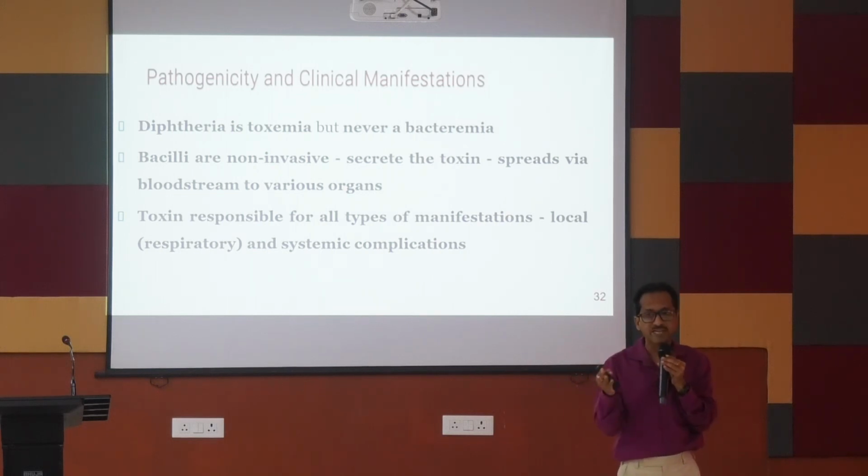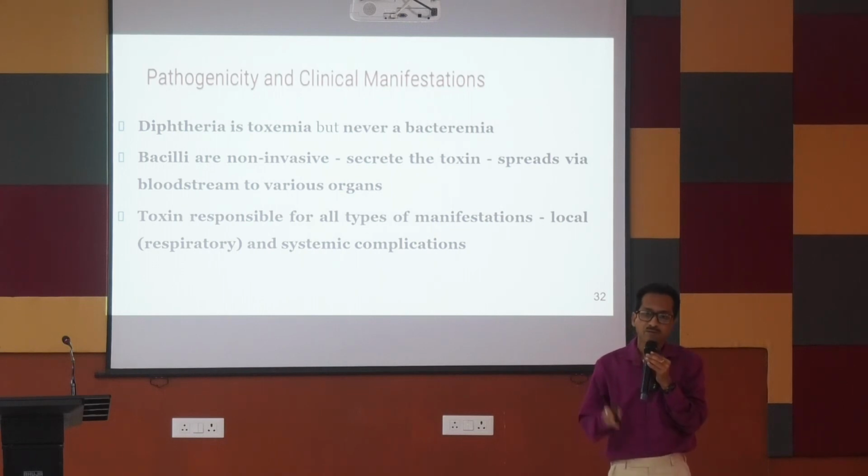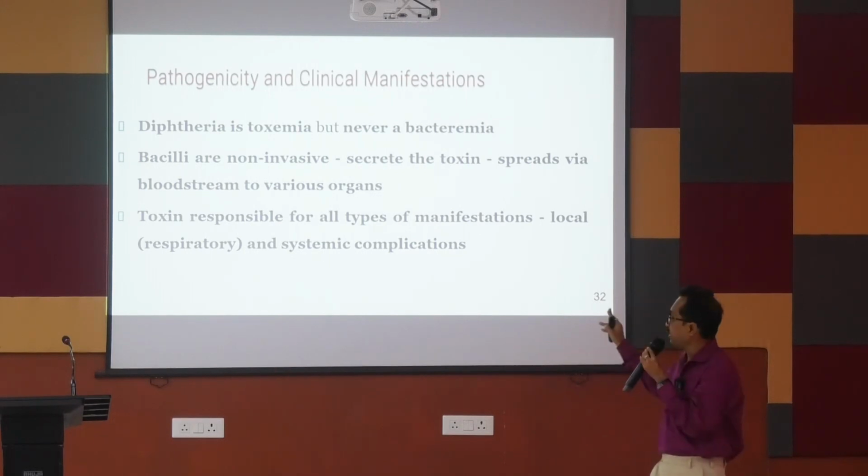So if you use antibiotic only, it will not work. Antibiotics work only within 6 hours, when the toxin has not yet been released. So the antitoxin has to be given in the treatment of diphtheria. That is the main point of learning the pathogenicity. It is due to toxemia.